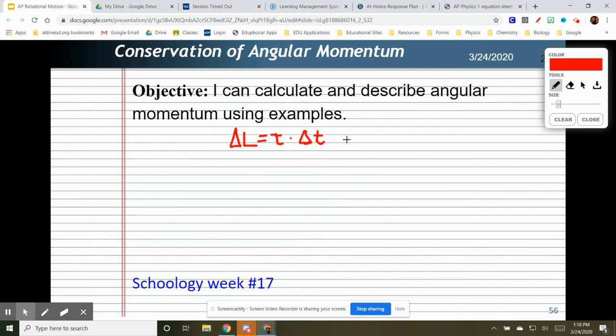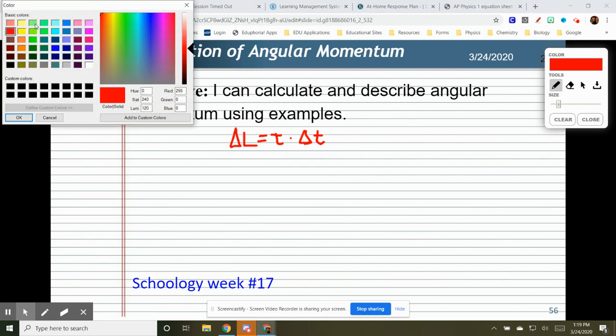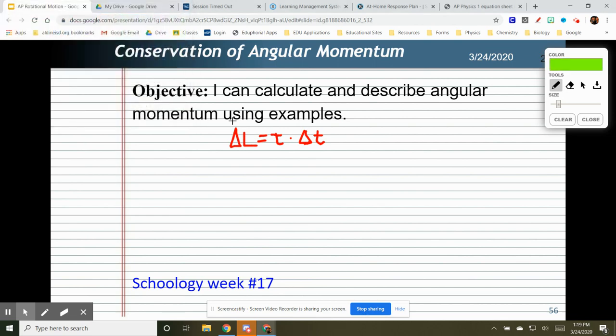Okay, and I want y'all to sit there for a second and think about all the things that could be derived within this equation. You have a derivation for torque. You have derivations that you can do for L, and so let's see those derivations. Let's go ahead and expand change in L, or change in angular momentum.